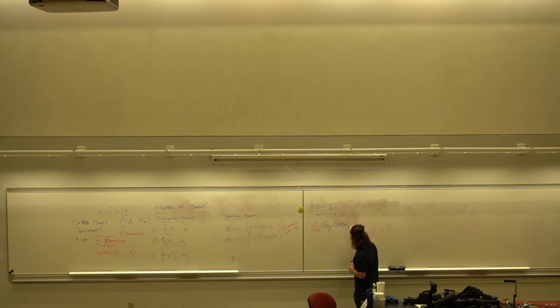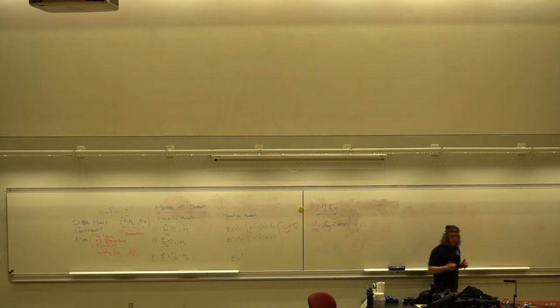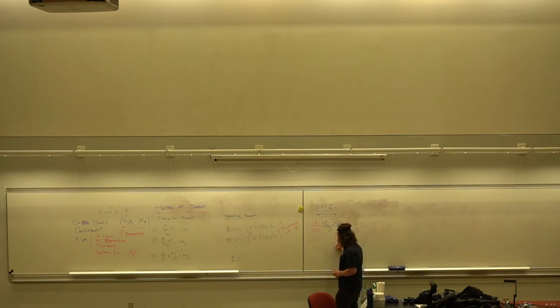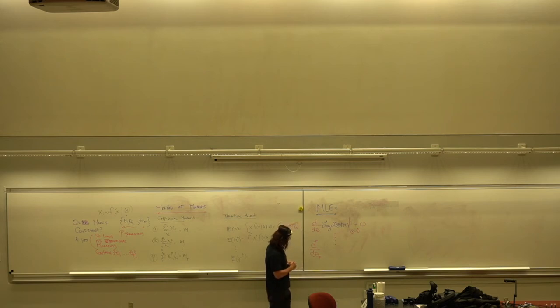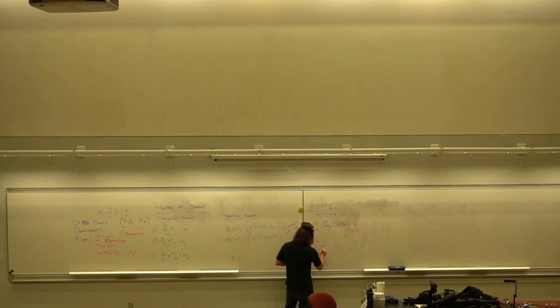But as soon as I do this, I'm going to need to say my thetas are equal to theta hats. So I'm just going to plug in my theta hat for that. And I'm going to do this p times. First derivatives of the log likelihood.